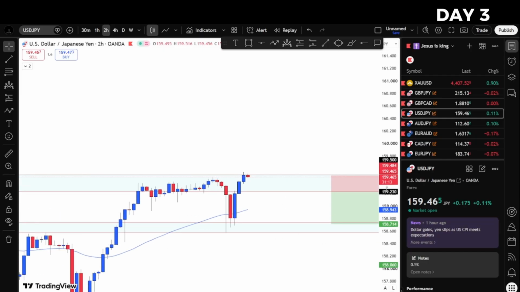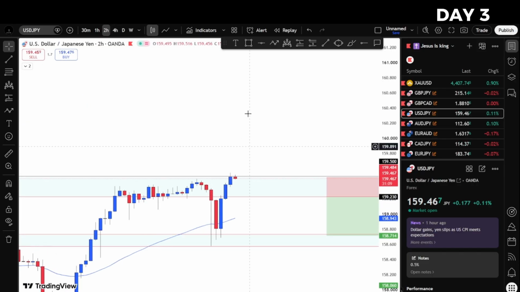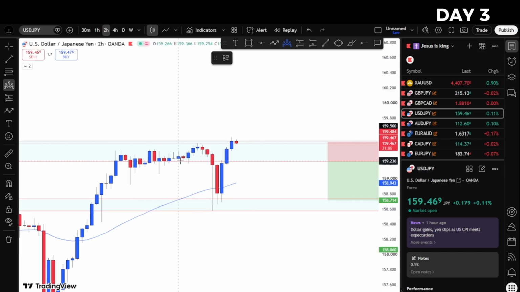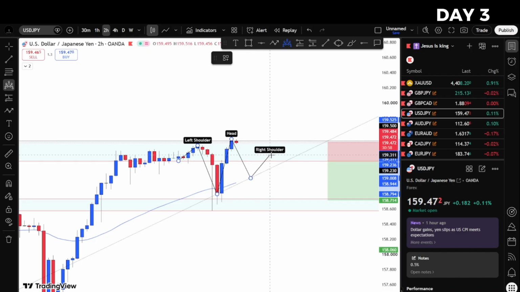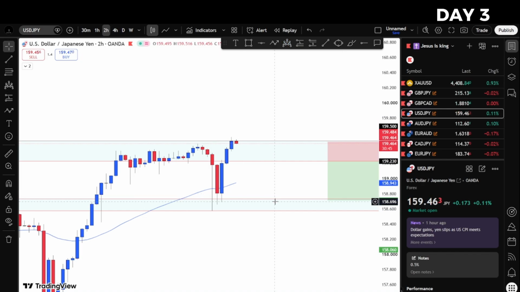And the reason why I will not look for a head and shoulders on the 2 hour or on the 4 hour is because the neckline is way too close to my take profit. This is the left, this would be the head, and then in order for the head and shoulders to be valid, meaning that it'll have to break the neckline, which will be the structure point, it'll technically be at my take profit, so I would have missed out on that position.